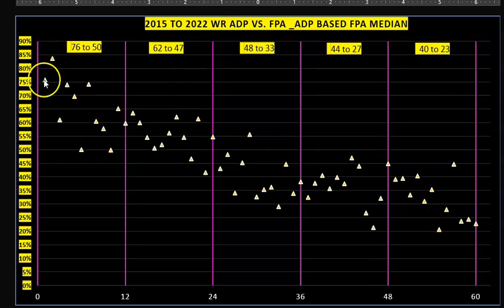These data points, the triangles, represent the median of the ADP in each group. For the first, the median is closer to 84, then 2, 3, 4. And so we talked about the tiers and some things. And as I look at this data, some way you could break it like this.